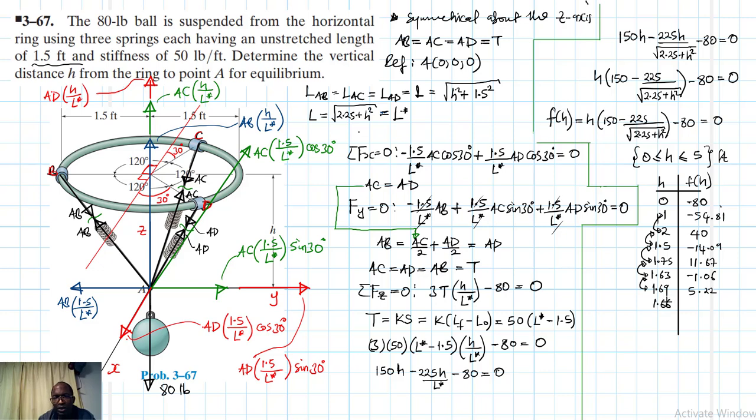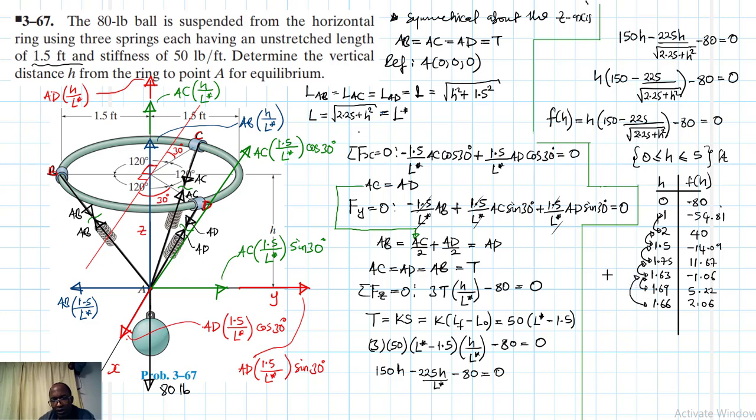1.66, we do the same, plug it in. 2.25 plus 1.66 squared, square root of that, 225 divided by answer, times 1.66 minus 80, which is a 2.06. And then we get the smallest values.